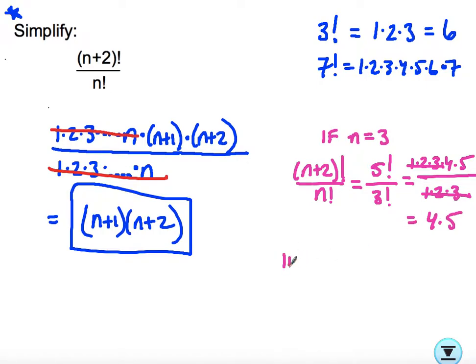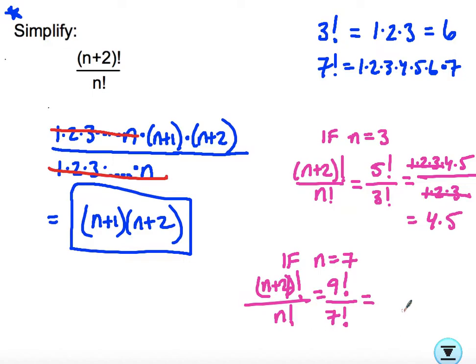Let's pick another value of n. Let's say n equals 7. Then n plus 2 factorial on the top, 7 plus 2, would be 9 factorial, and on the bottom, n factorial would be 7 factorial.